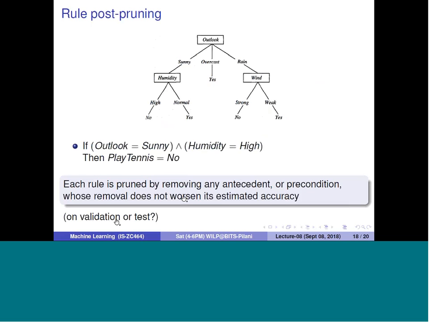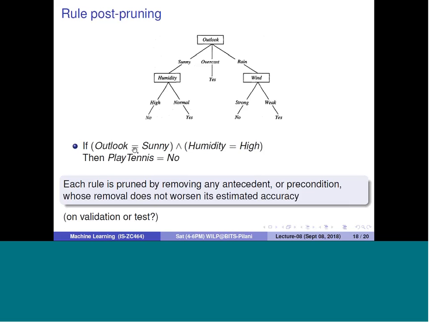You look at the validation data and see the accuracy on it, and you can remove some of the conditions by seeing the validation set. If humidity is equal to high doesn't make any difference to the accuracy, or if removing it makes the accuracy higher, you remove this part, as long as the accuracy on your validation set is not badly affected.